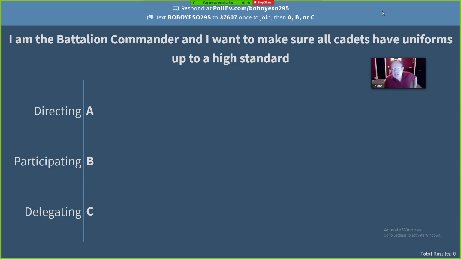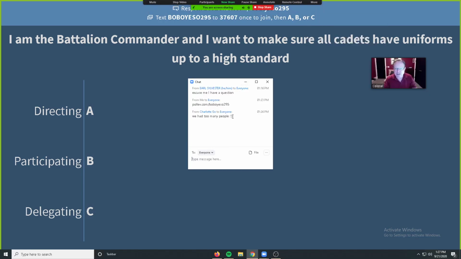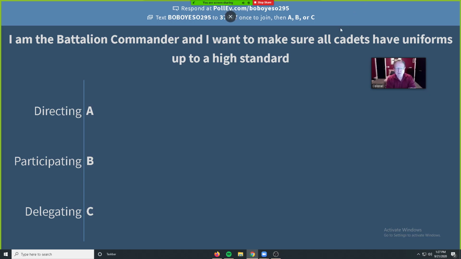So in that case, the battalion commander might step back and be a little more participating when it comes to Charlie Company, to help them get up to standard and find out why they didn't make the standard last time. But delegating is definitely the right answer in that regard, because you assume you have 4 company commanders that have experience, they understand the standards, and you should expect them to be able to meet that standard.